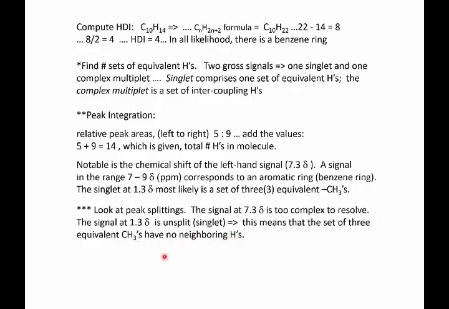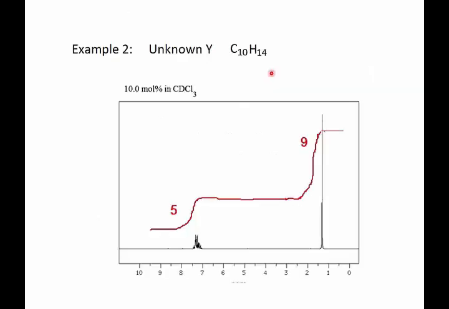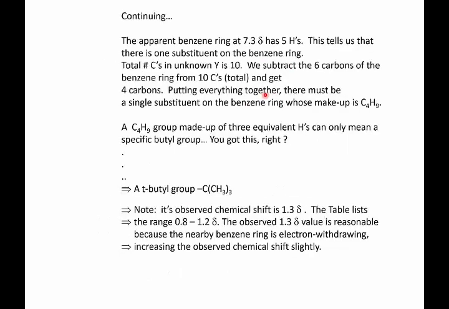All right, so what it looks like we know so far is that there is a benzene ring with 5 hydrogens, and then a set of hydrogens that together are unsplit without neighboring hydrogens. Now, the total number of carbons that are unknown is 10. Remember the formula, C10H14. Let's do a little bit of math here. Benzene ring has 6 carbons in it.